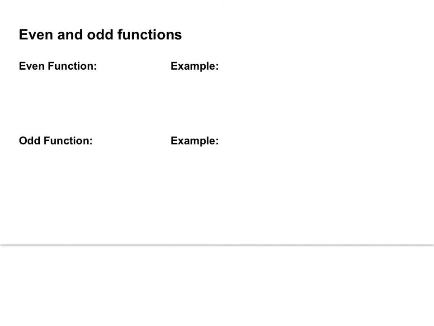Okay, so it continues to go up when it comes out of that valley. Okay. Last thing is even and odd functions. So even functions look like this. If f of negative x is equal to f of x, then it's even. Here is an example. If I have h of x is equal to x squared plus 1, I'm going to do h of negative x and see what happens.